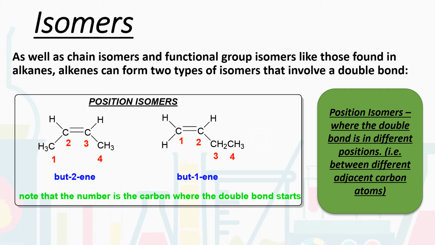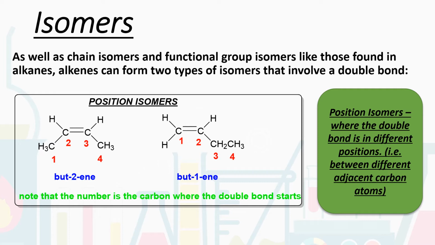So the example here is but-1-ene versus but-2-ene. So note the naming of it. We look for our longest carbon chain. For both of them it's 4 carbons long. We have an alkene, a double bond, so we end with the suffix -ene, and then we have to number where that double bond is. For the example on the right, it starts at carbon number 1.